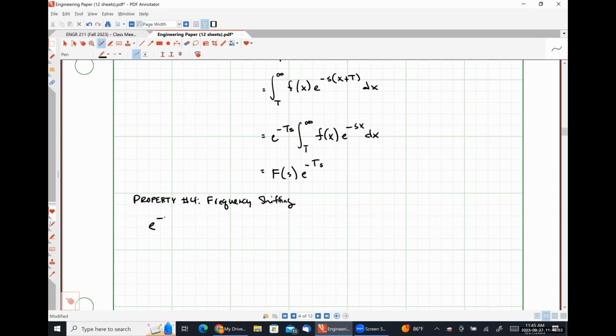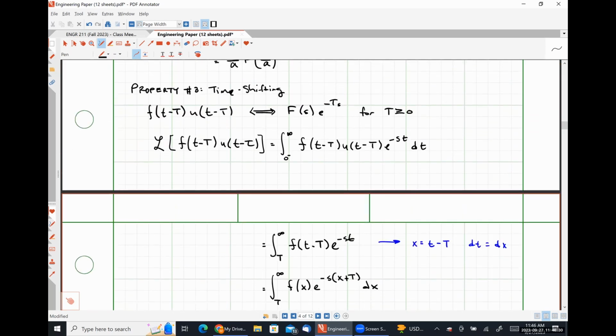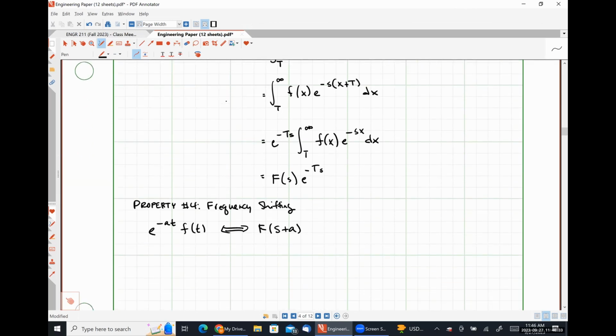So e to the negative a t times f of t has a Laplace transform of F of s plus a, right? So this is a frequency shift, which results in the multiplication of our time domain function by e to the negative shift times the variable in the time domain. So it's the exact same relationship that we just had for a time shift, but in the opposite direction, right?